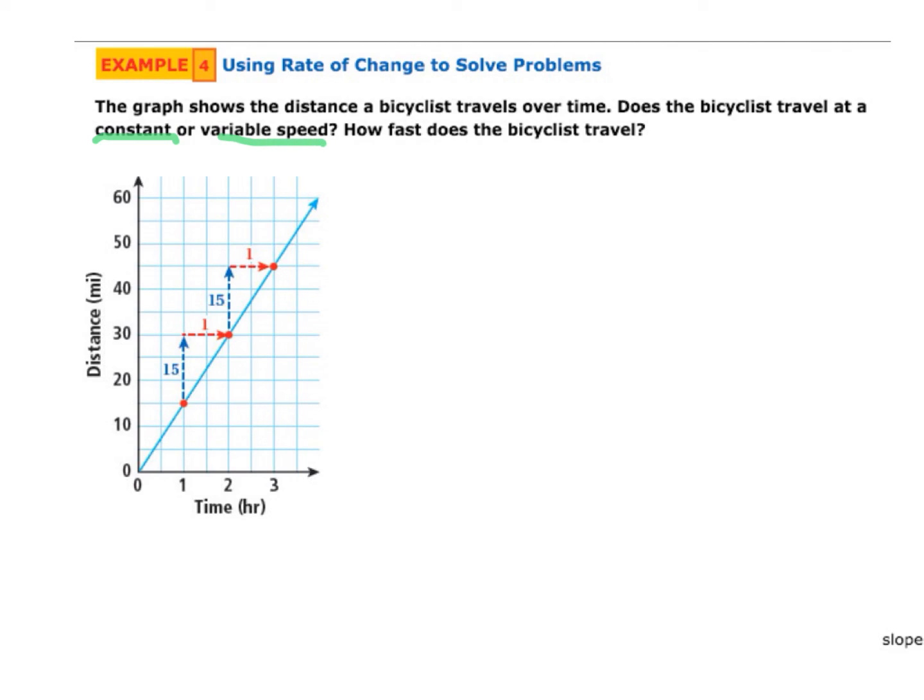Or does our line have a constant slope the whole time, forever and ever? Well, if we take a look at our line, it continues on the same slope of 15 over 1 forever and ever. So our slope does not change. It is constant.